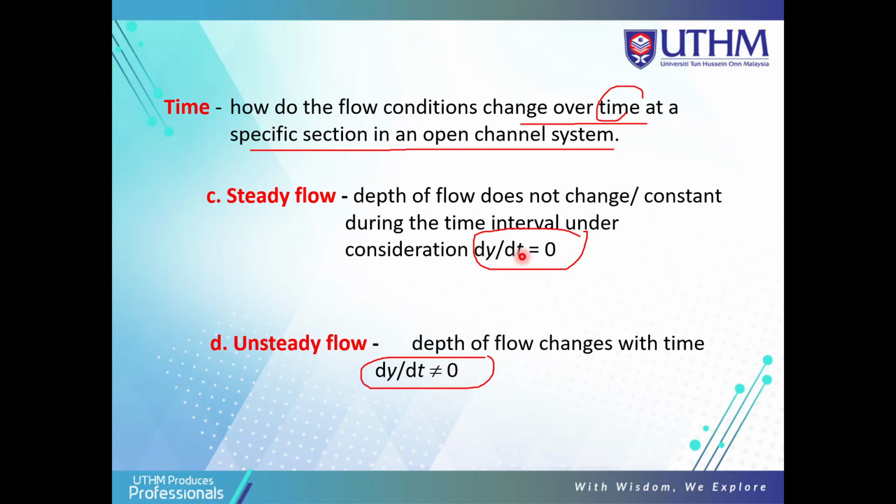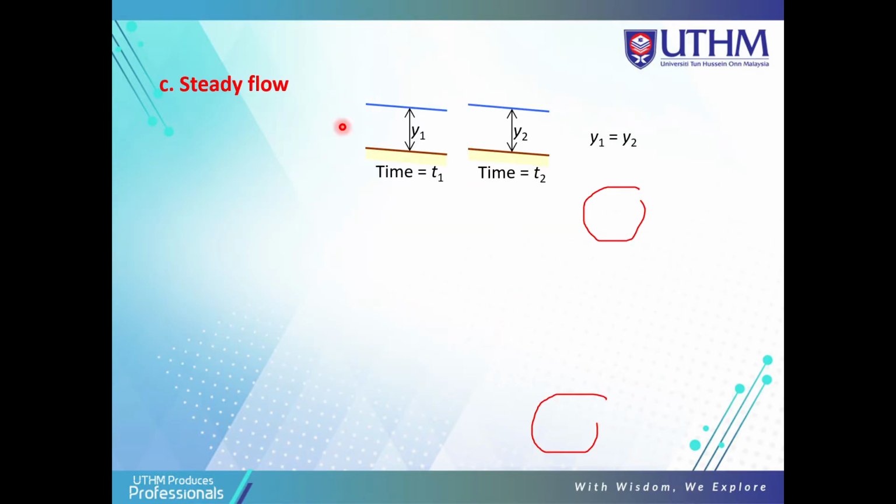Okay, so for steady flow, you can sketch the flow here with time t1 and time t2. So y1 is equal to y2. This is called steady flow because the depth of flow is the same at every time interval.